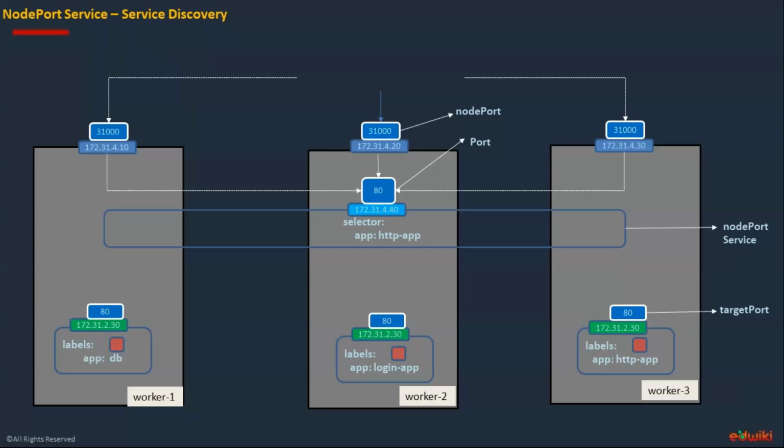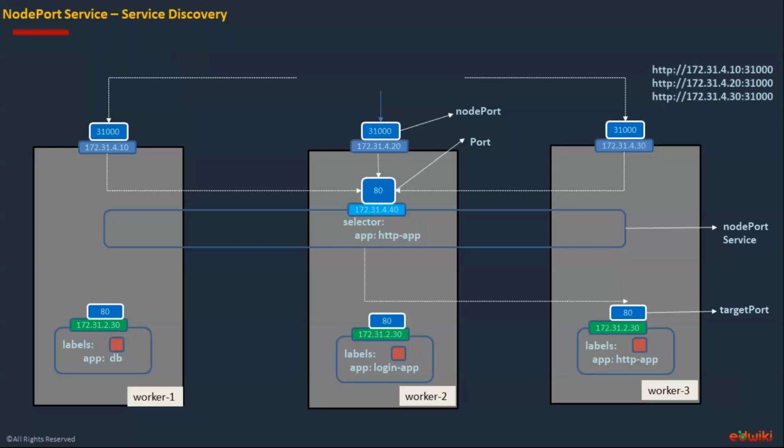How is that possible? Your service layer takes care of routing the traffic to the backend pod, right? So no matter which worker node the pod is running on, that's how Kubernetes treats the whole number of worker nodes as one single set of cluster nodes, and it can take care of that.